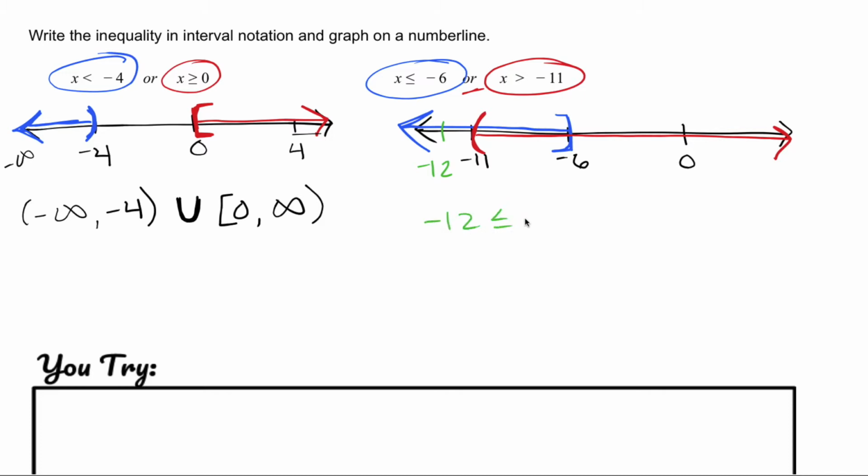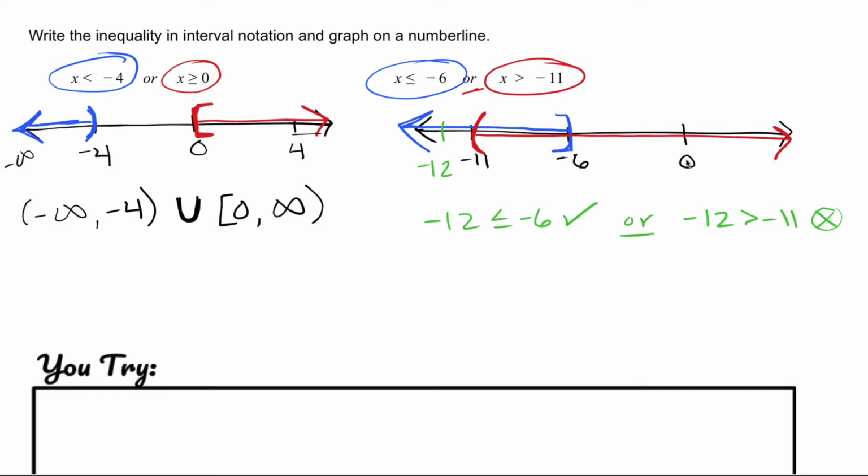Yes. Or, is negative 12 greater than negative 11? No, it's less than. So this one isn't true, I'm putting a little X there. But we have an or, we don't need them both to be true. So negative 12 is a solution to this compound inequality involving or.